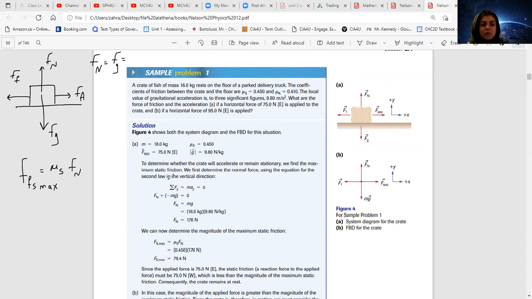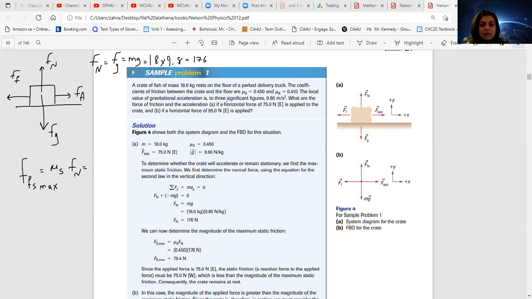It's like total force in the y direction should be 0. Therefore, F n is positive, mg is negative, so F n is equal to mg. It's 18 kilograms multiplied by g, which is 9.8. It gives you 176 Newtons.